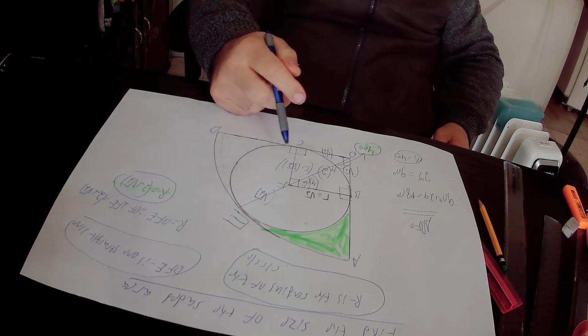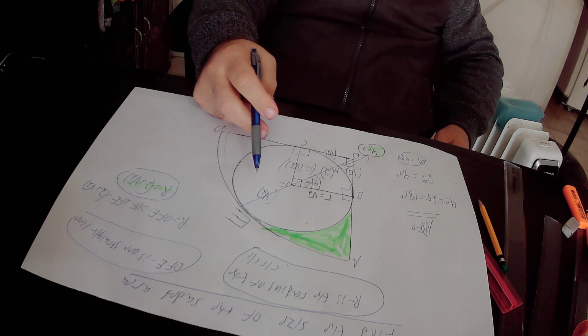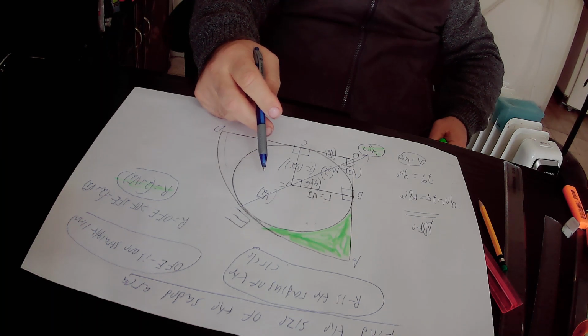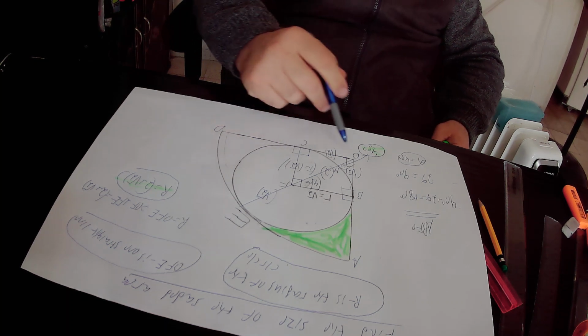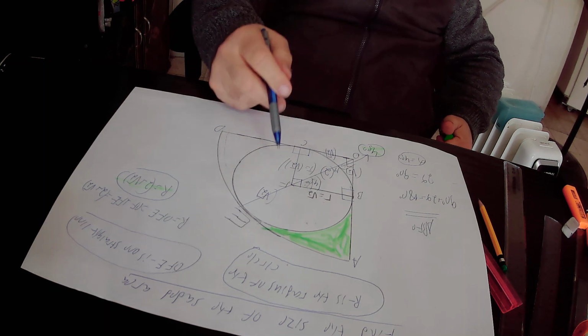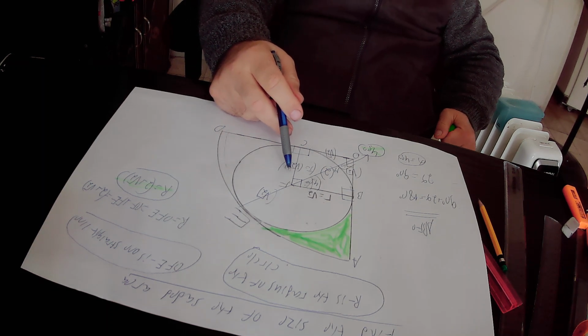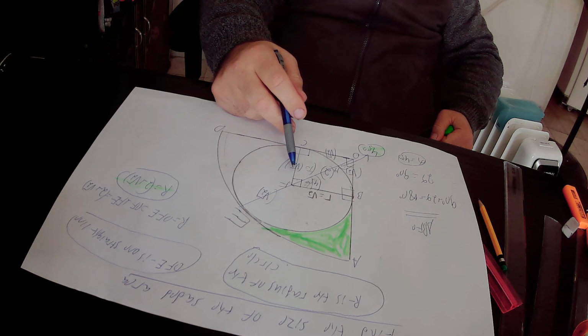HFE is a straight line that touches the small circle at points H and E, and therefore any straight line that touches the circle at 2 points must be a chord. So we know that HFE is a chord, but it is a chord that passes through point F, that is the center of the small circle, and any chord that passes through the center of a circle must be the diameter of the circle.